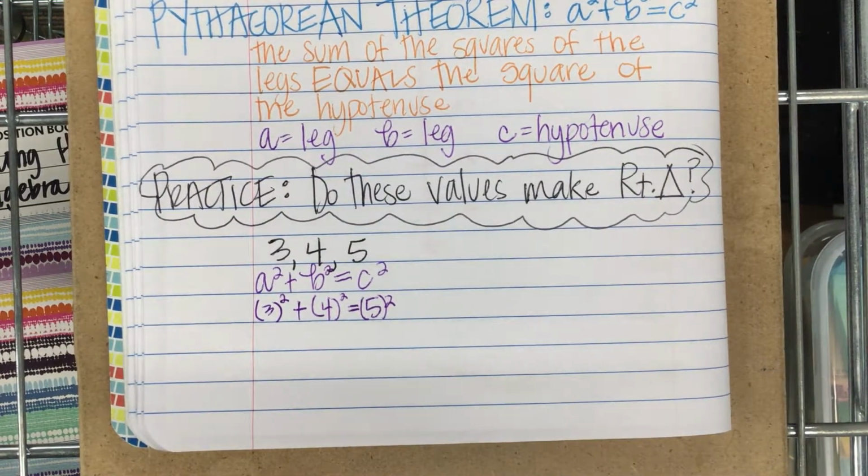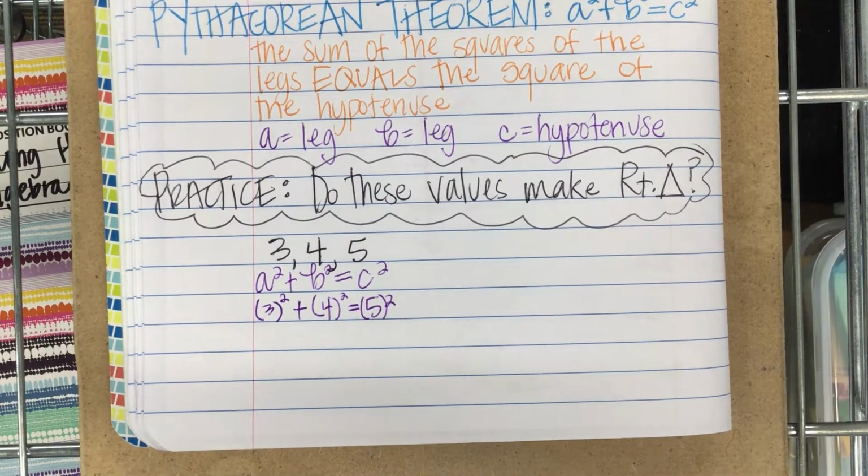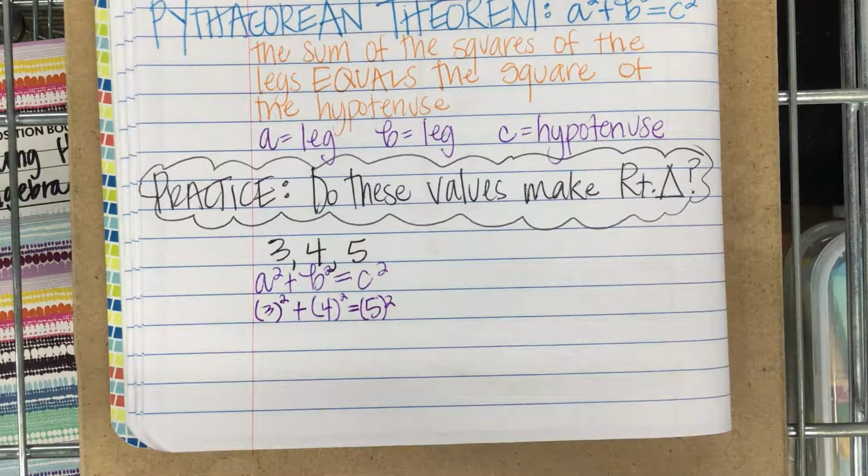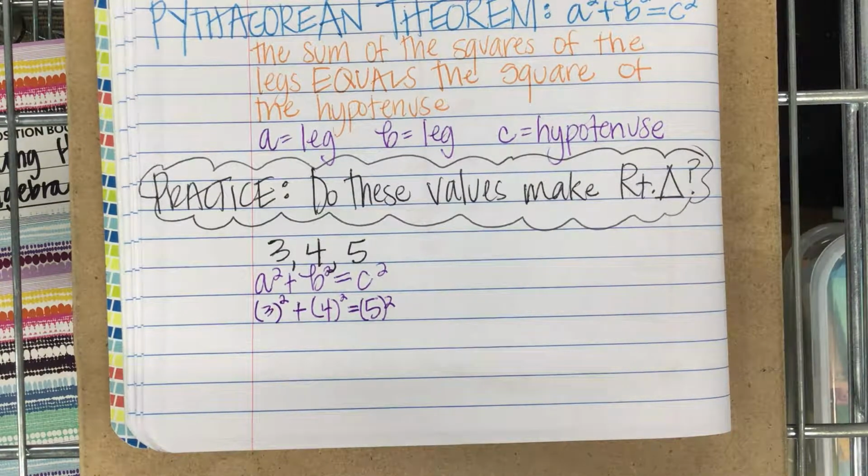What has to be in the same spot no matter what? Alyssa, what has to be in the same spot? The 5. The 5 has to be the C. Why? Because it's the greatest number, which is the hypotenuse. Yeah, the longest side is the hypotenuse.